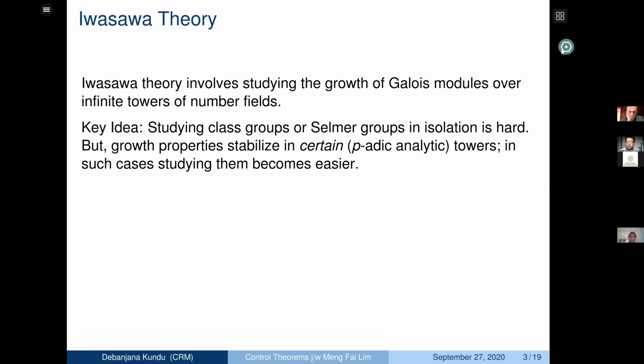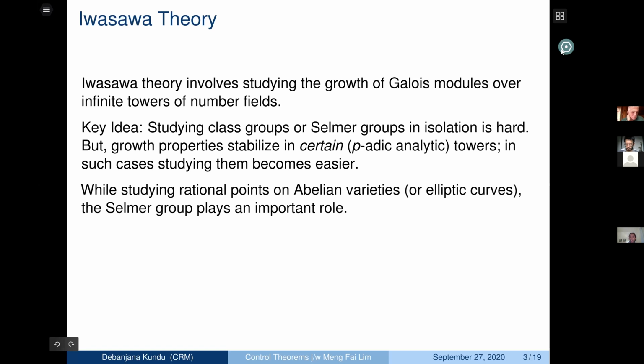The other object that we know and love from number theory or arithmetic geometry are abelian varieties, or if you don't want to think about abelian varieties, you can just think about elliptic curves. An important question is to study rational points on these objects, and one of the only ways of doing so is by studying the size of the Selmer group.